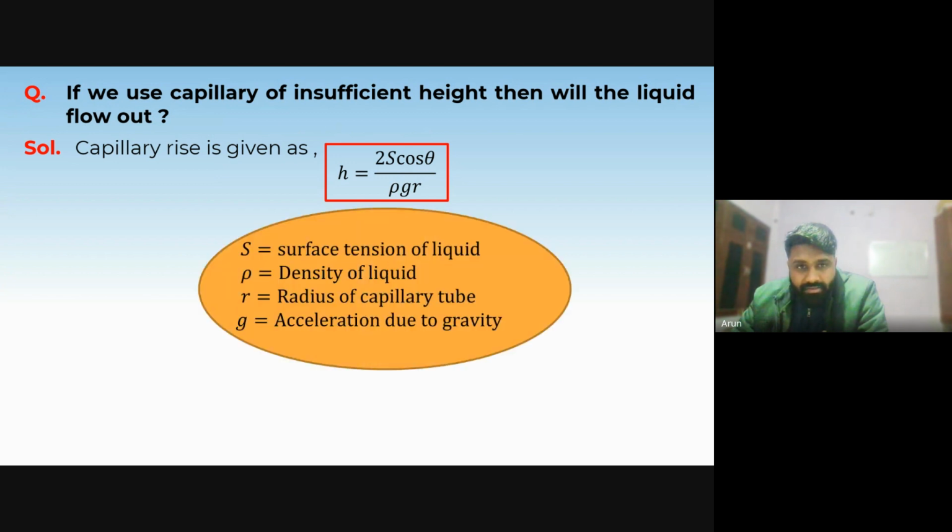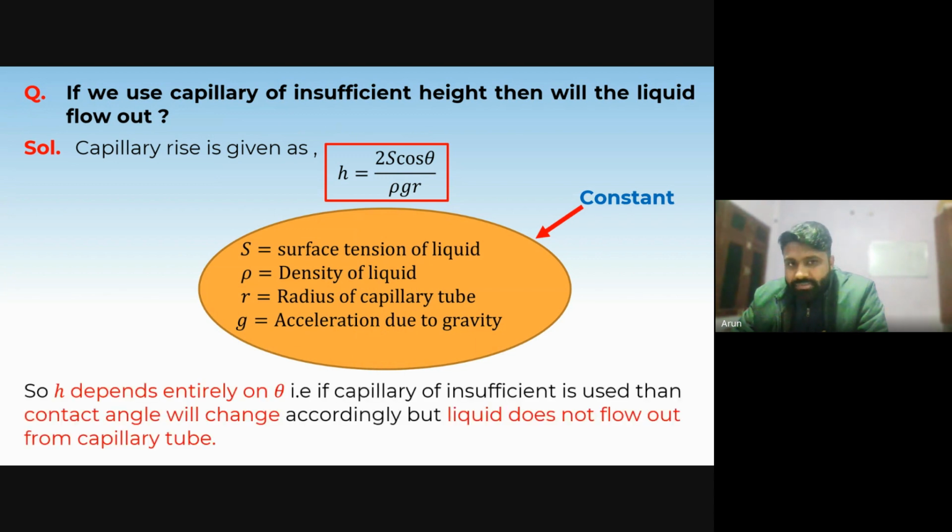Got it? Now, these all are constant terms, so h depends entirely on theta. Theta is also here. If you change the angle of contact, which can only be changed by changing the liquid, and these things are constant, then the liquid will not fall out.